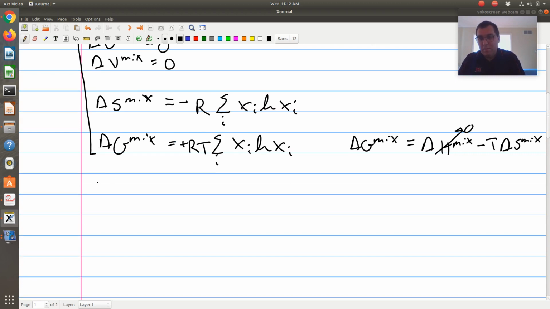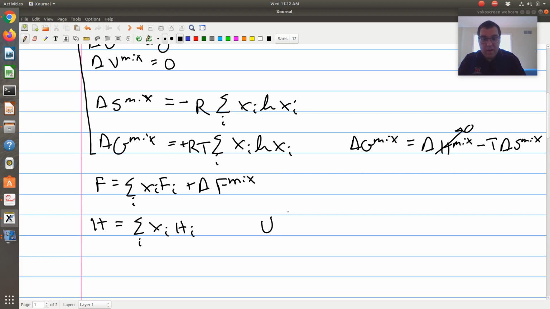So that would lead then, for an ideal solution, remember F is equal to the sum over i of x_i f_i plus delta F of mixing. That would tell me that the enthalpy, again, we're only talking about ideal solutions, of an ideal solution would be equal to the sum over i of x_i h_i plus delta H of mixing, which is 0, so I won't even bother to write it.